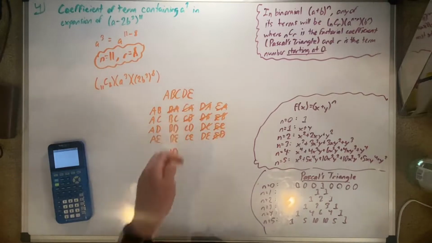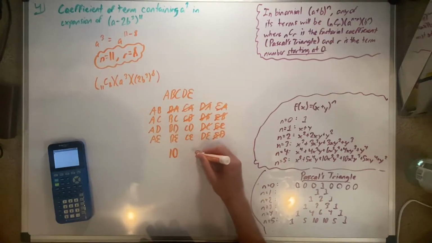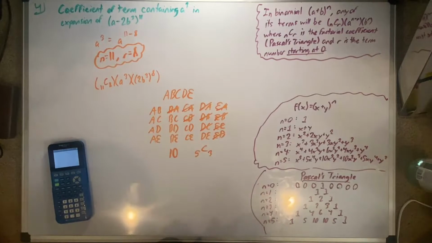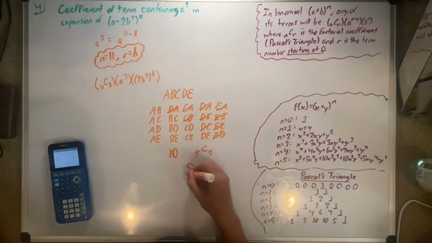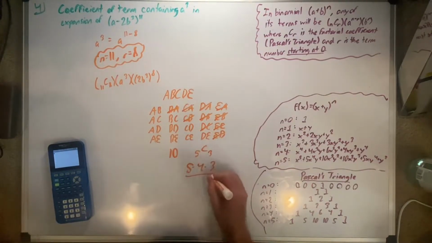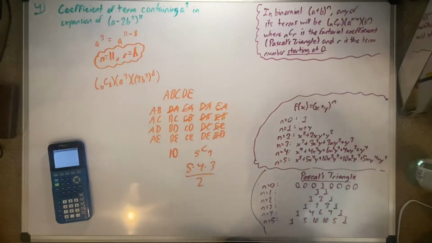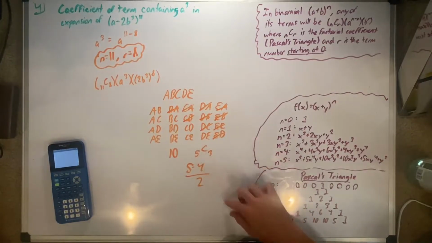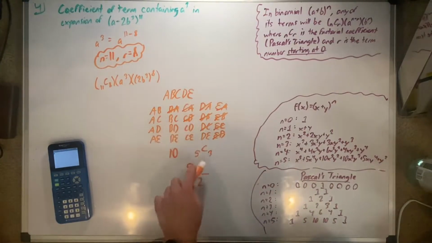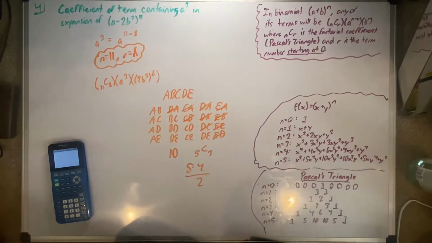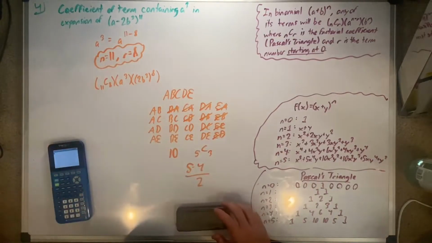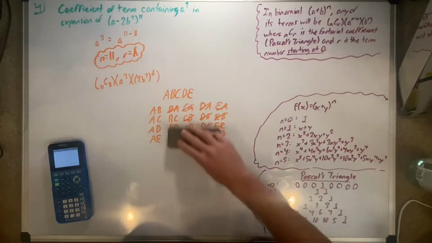What we just did there was the NCR 5C3 or 5C2, which would leave us with 5, 4 divided by 2, because we're left with a total of 20 divided by 2 is 10. And that's just a physical demonstration of how this cancellation works. And using those factorials, that's how you do it.